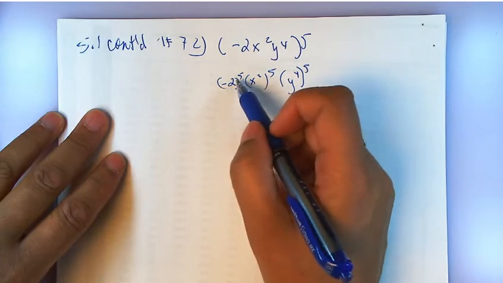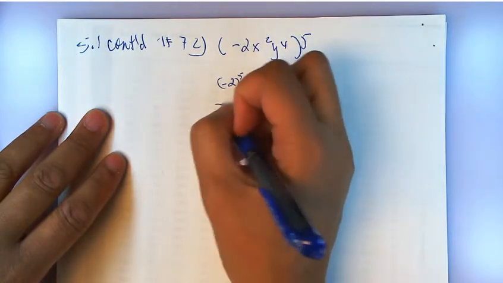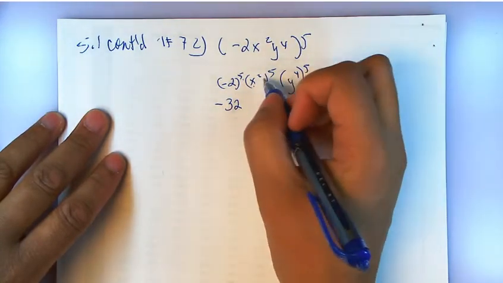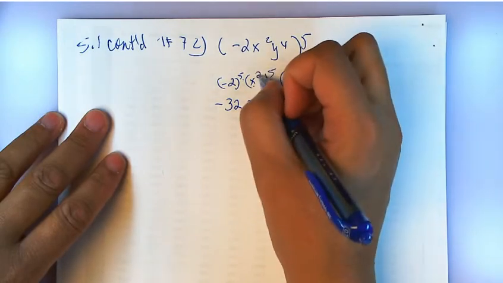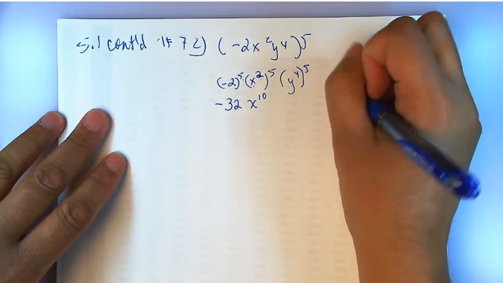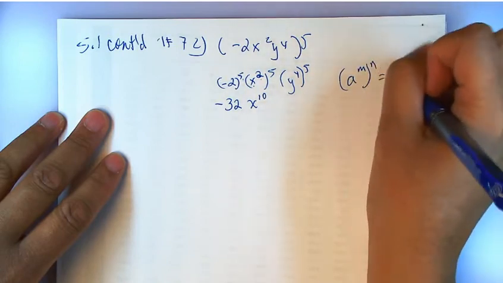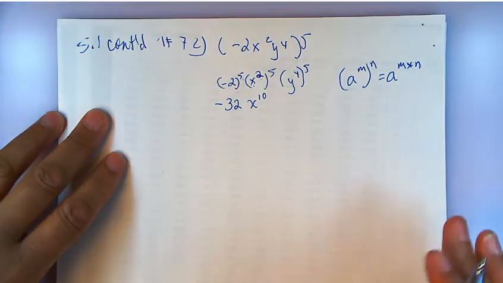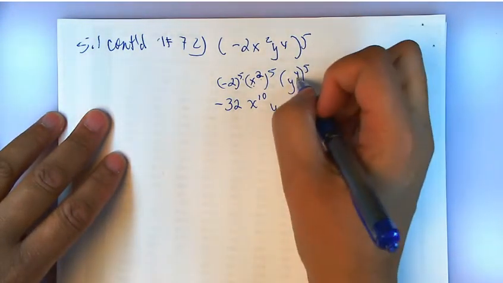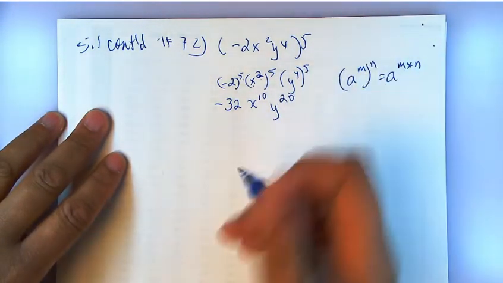So negative 2 to the fifth power is negative 32. Then that'd be x to the 10th, because we multiply when we have exponents. Whenever we have a to the m to the n, it is a to the m times n. And we went over that before we left. Then we have y to the 4 times 5, which is 20, and that is my answer.